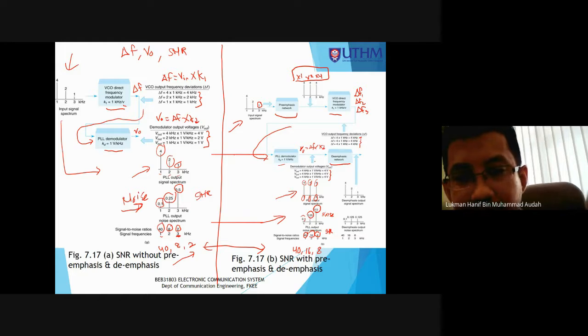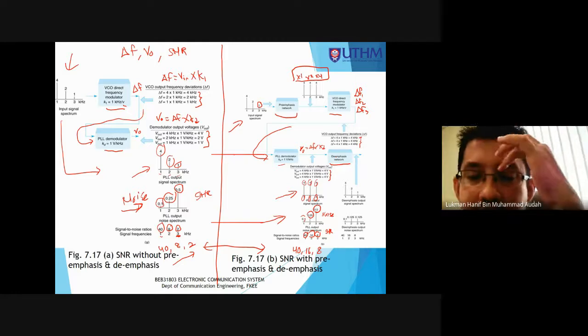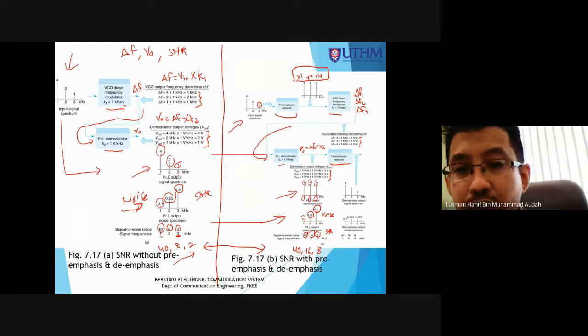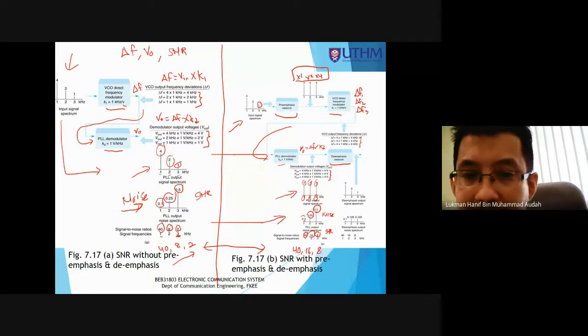This V out is transferred to the de-emphasis network. Remember that in the de-emphasis we need to reduce the voltage by the same factor. Tadi kita darab 1, darab 2, darab 4, bermakna kita perlu bahagi 1, bahagi 2 dan juga bahagikan dengan 4.